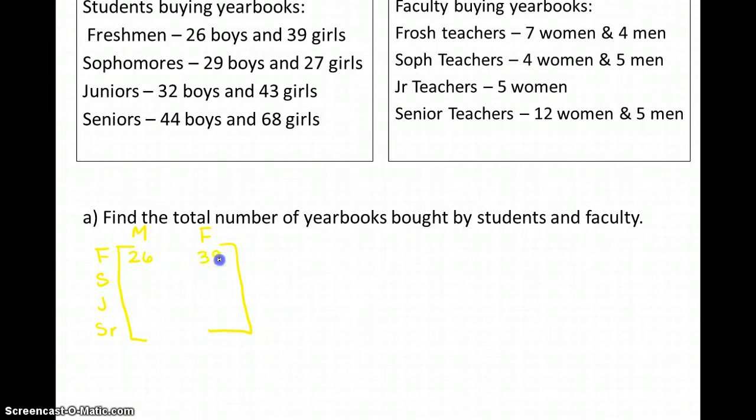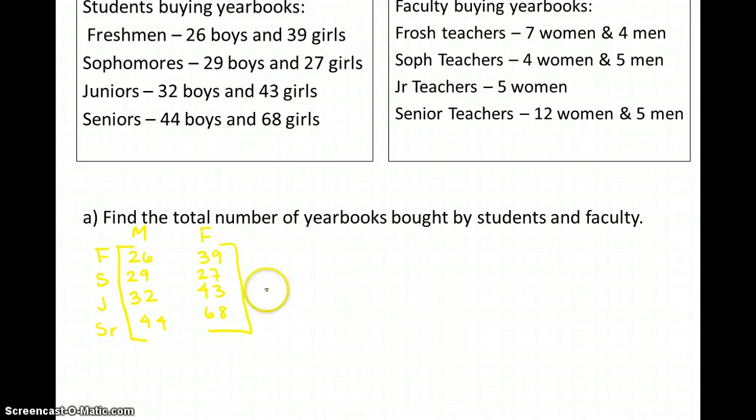Then 39, we had 29 sophomore males, and 27 for the females, just plugging in these values into their assigned spots. 43, and for senior boys we had 44, and for females we had 68.